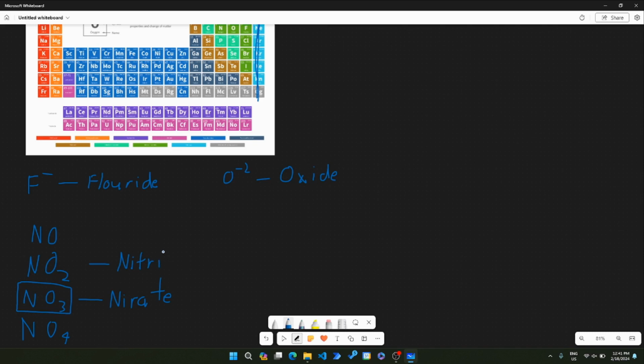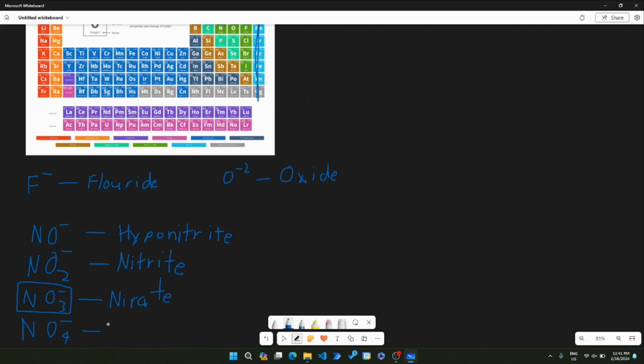So it becomes an ite at the end. And if it becomes even lower, it becomes hypo, meaning low. In this case, lower oxygen becomes hyponitrite. And by the way, all of these are -1.